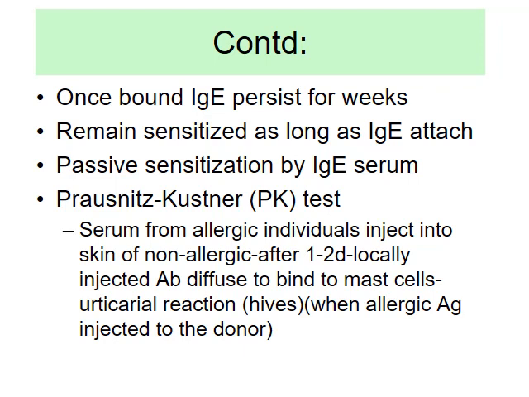It's important for you to know, and I'll explain that in a while. It means you are sensitized as long as IgE attaches there. So you are vulnerable, you are ready to go.